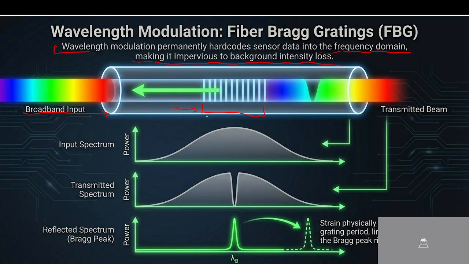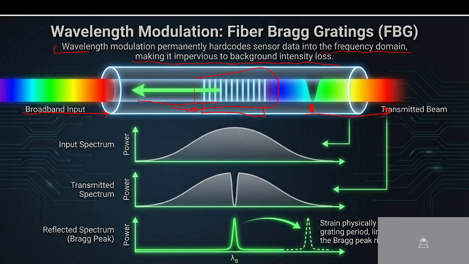Once it goes through this, one band of the wavelength or frequency domain from the broadband is reflected back by the grating, and the transmitted beam has that particular band missing.